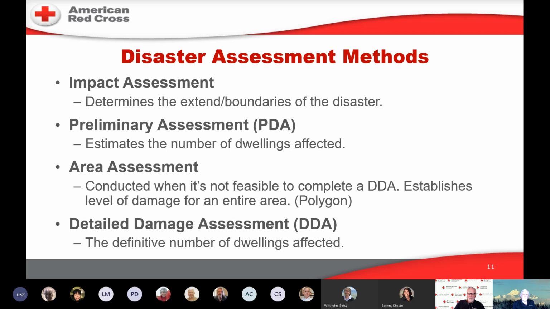Assessment, immediate assessment, disaster assessment of what has happened. Immediate is extend boundaries of the disaster. I think I'll use the fire again as the best example of this. You're going to be getting conjectures on how many acres are involved, where is the area that it is involved.